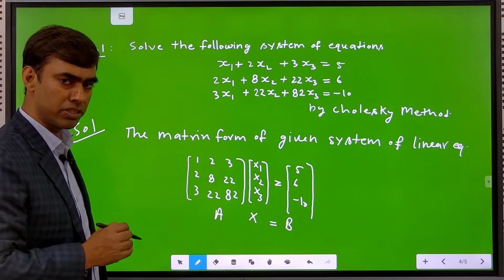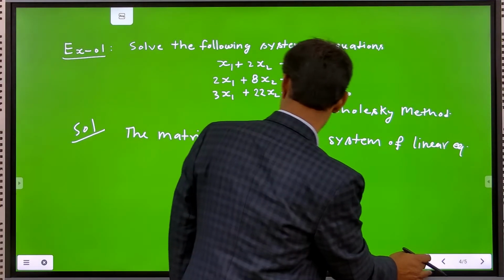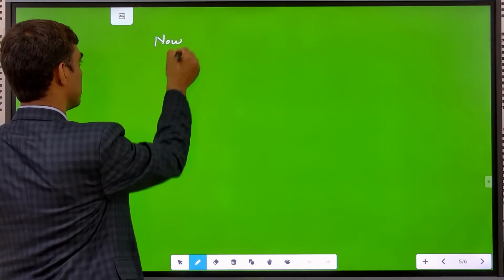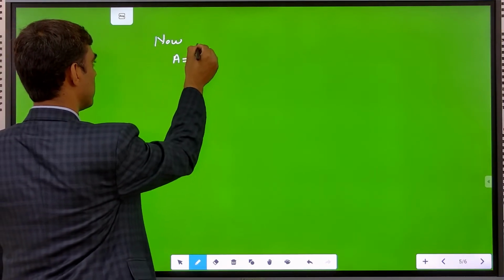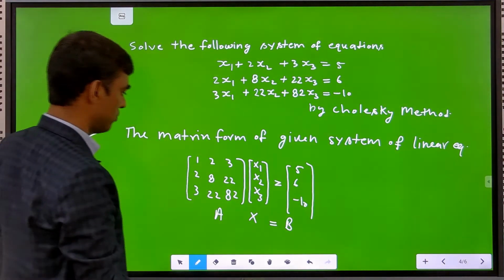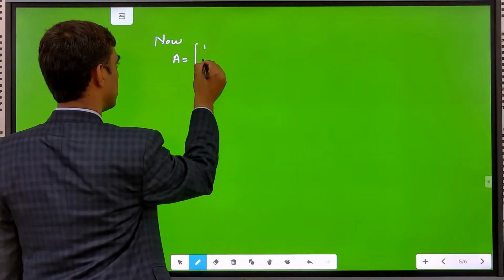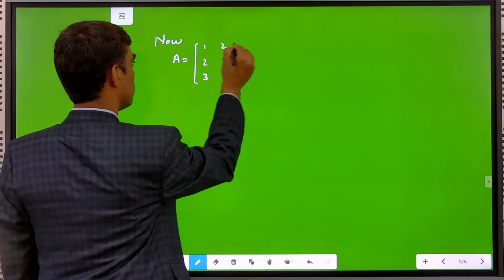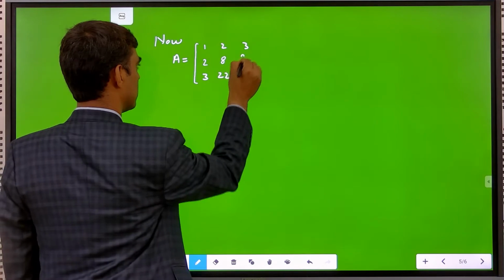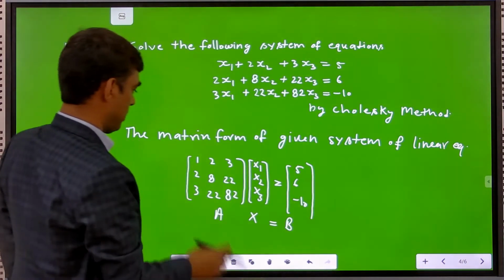On the next page we write the matrix A: 1, 2, 3, then 2, 8, 22, then 3, 22 and 82.